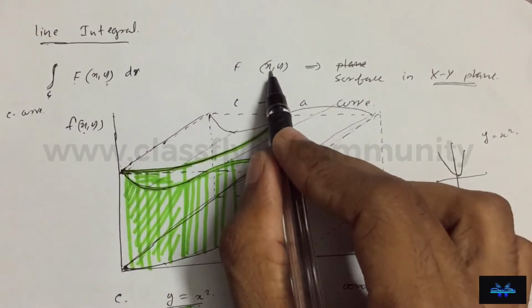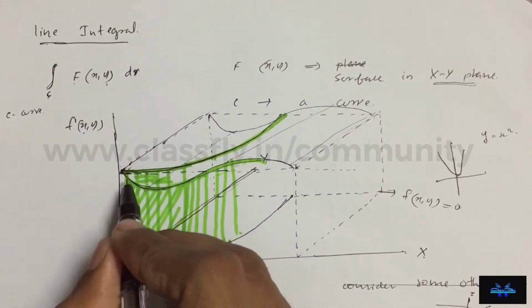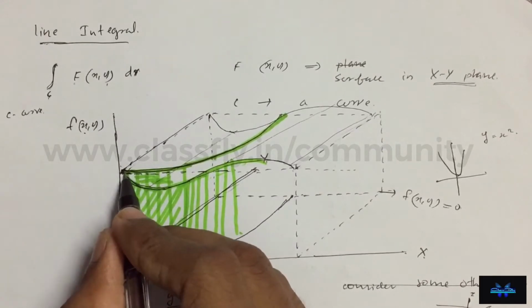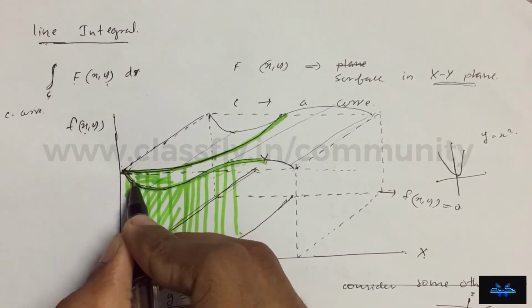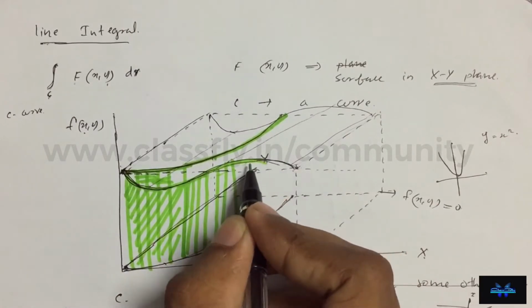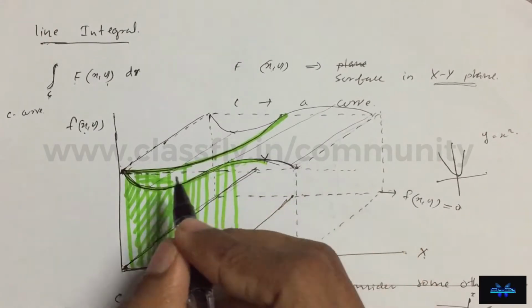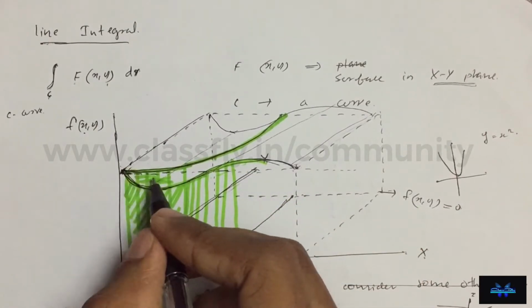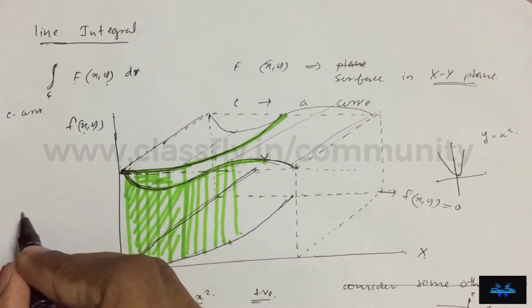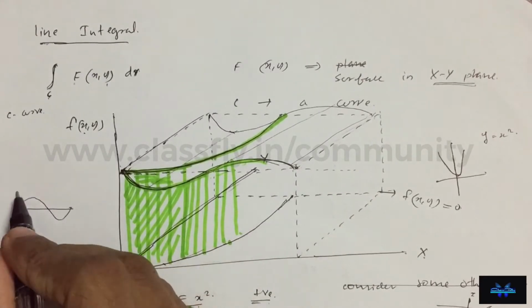Let's take a surface f of xy which is not a plane, which is like this. It is coming downwards and then going upwards. So if you can't imagine this one, consider lots of sine curves. This is a sine curve, right?